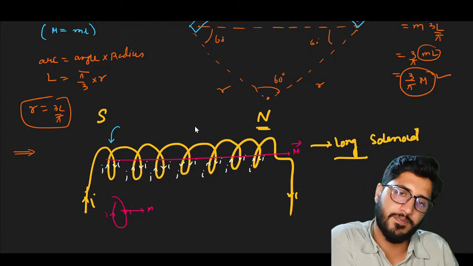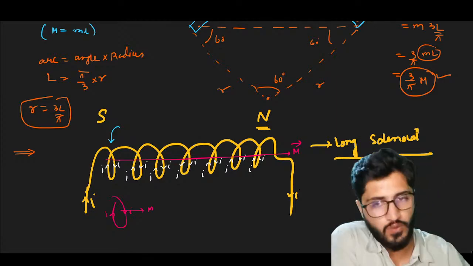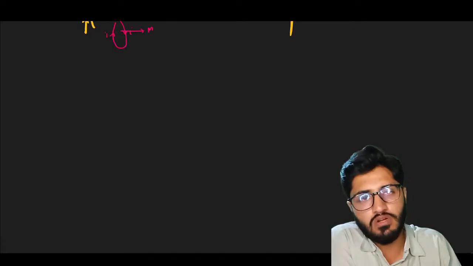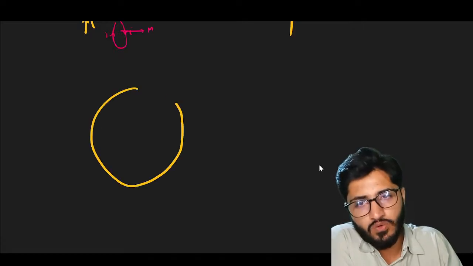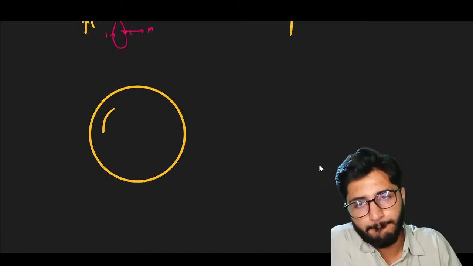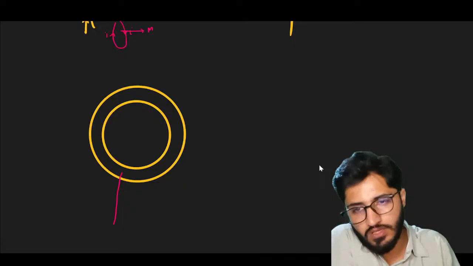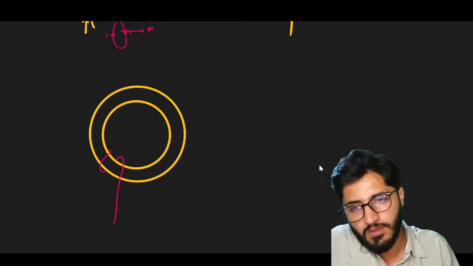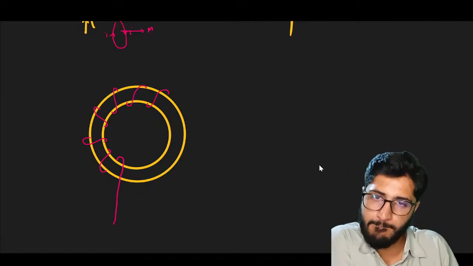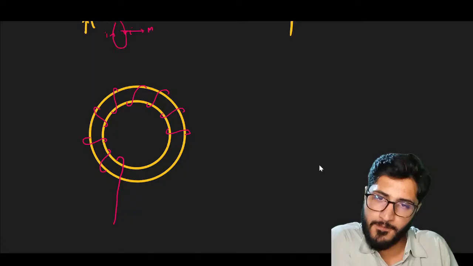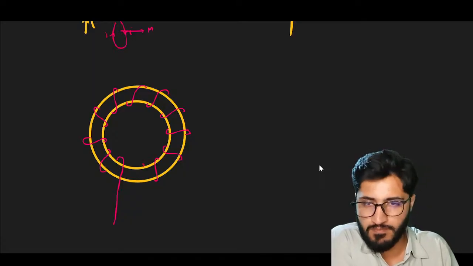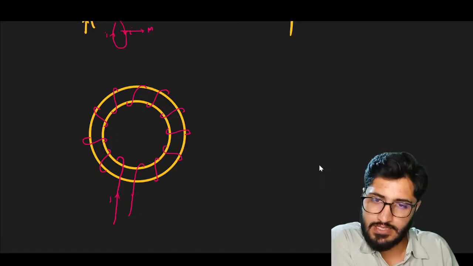Long solenoid case. Okay. Now, if you want to just do it for a toroid, now we are dealing with a toroid. Okay. This current I is coming in this way. Current I is leaving.